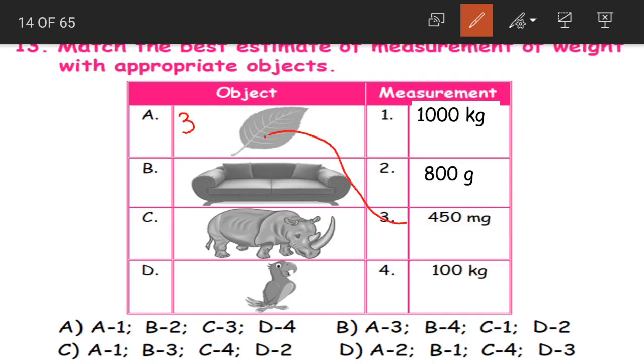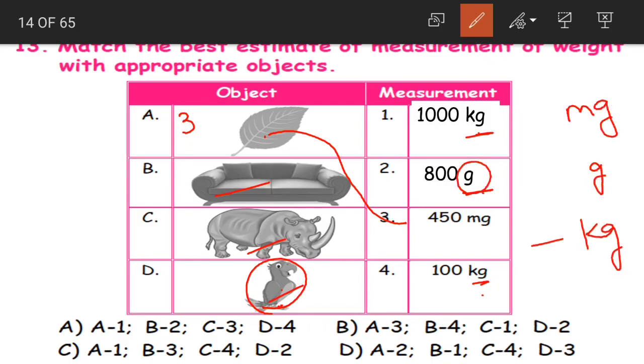A is 3. Now coming to the next lightest object, is it sofa, rhinoceros or the bird? It is the bird. Yes. So again from the given options we have kilograms and grams. Now which is the least one here? Grams is the least. First we have milligrams, then grams, and then the kilograms.